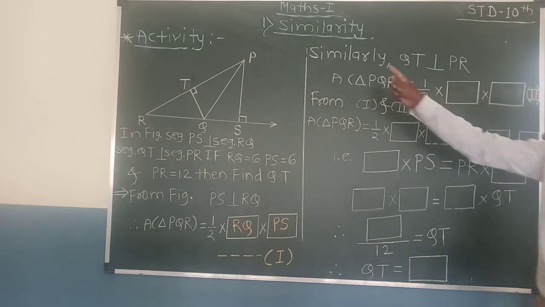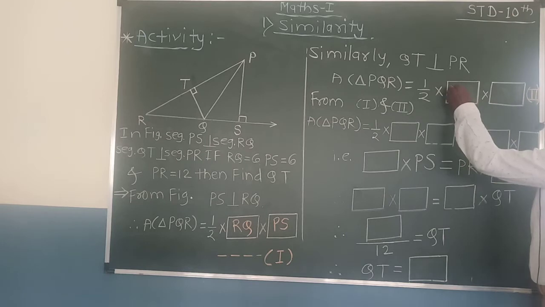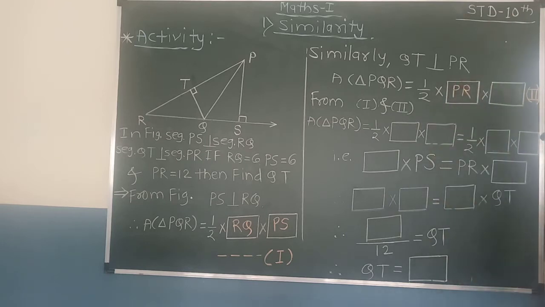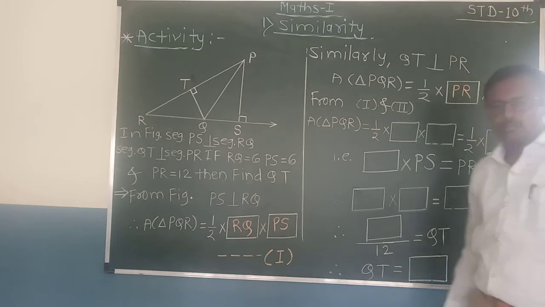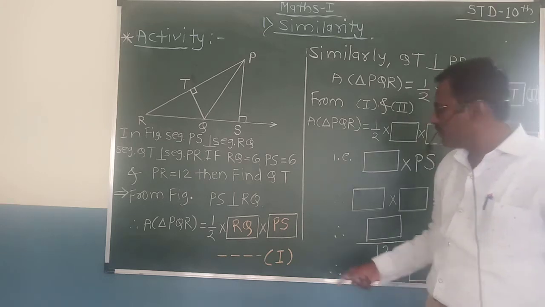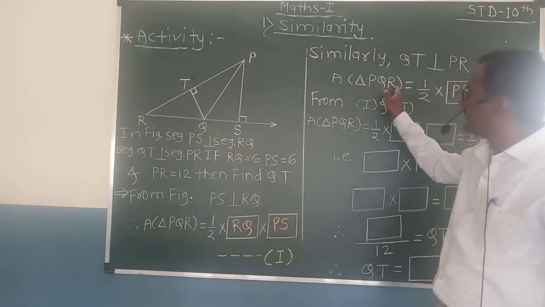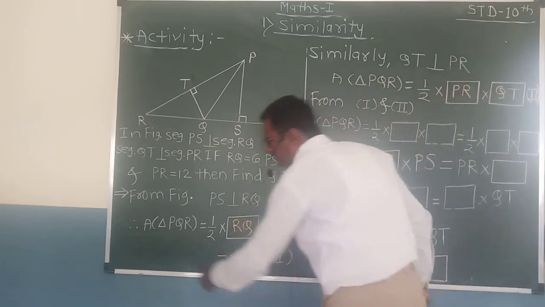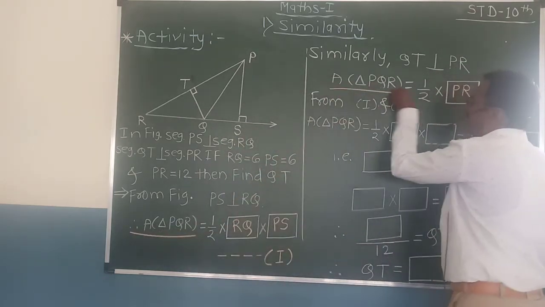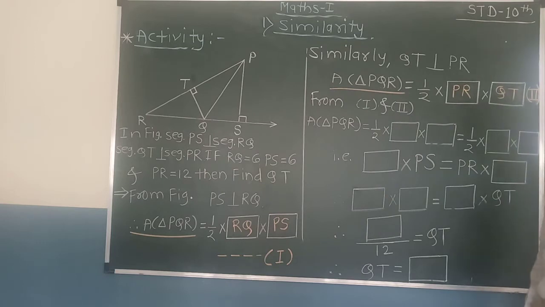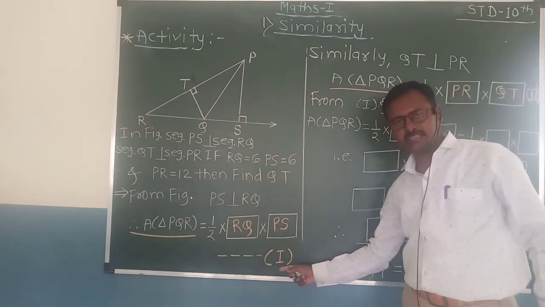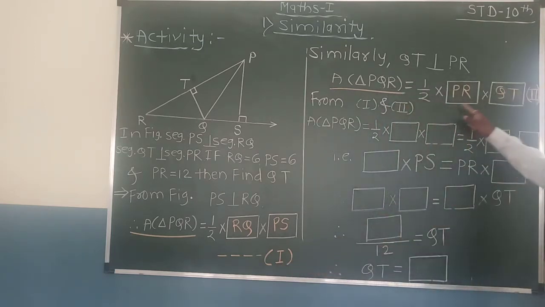Base will be now PR, so I am mentioning that, PR into related height is QT. In both steps we have calculated the same term, the area of triangle PQR. They have mentioned the first step as equation 1 and this step as equation 2.